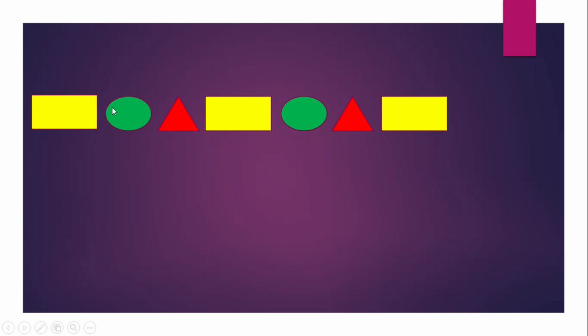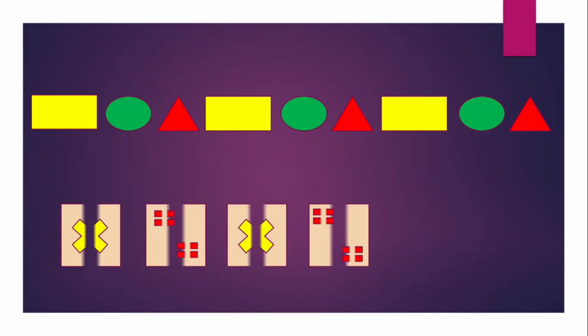A yellow rectangle, so again next one is a yellow rectangle. A green circle, so next one is to be a green circle, and a red triangle is to be colored again the red triangle only. So what will be the next here? A green circle and a red triangle, right?